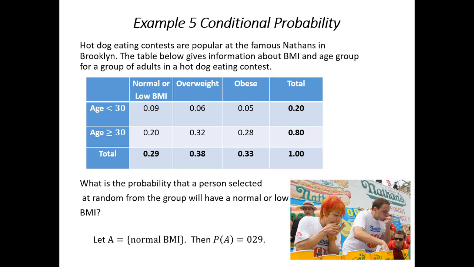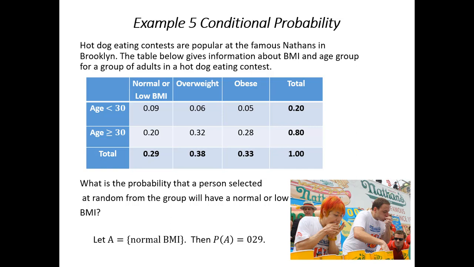All right, so hot dog eating contests are popular in Brooklyn, really throughout Long Island. I've seen some of them take place in Montauk. They're sort of fun to watch, but I wouldn't want to be in one.